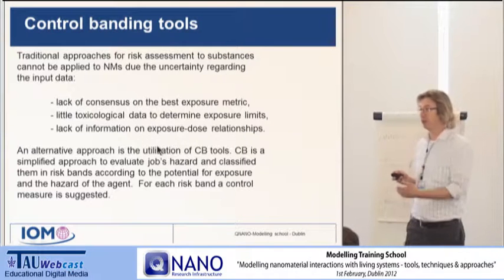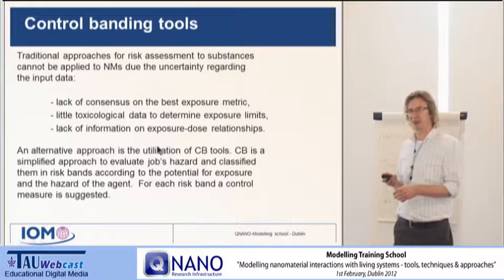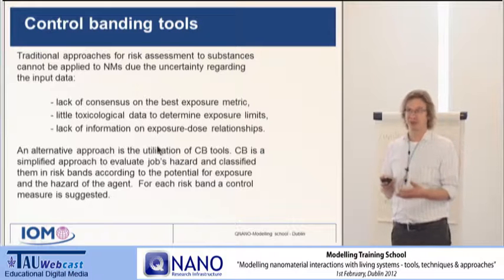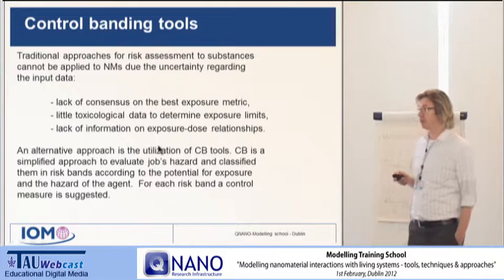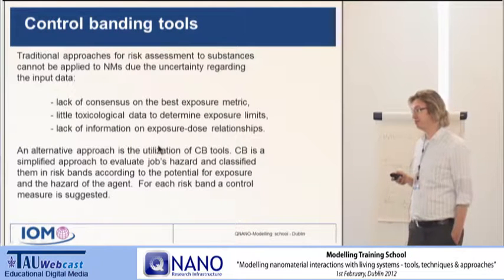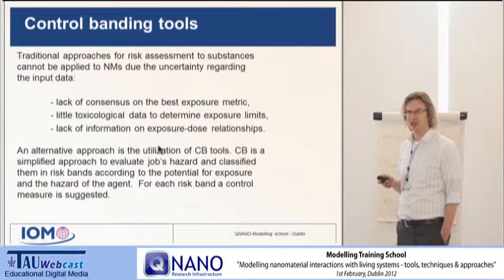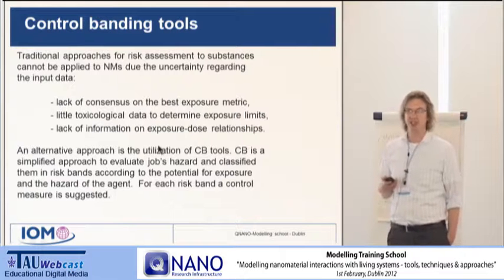So very simple models that are, some more or less based upon knowledge of exposure, but sometimes not, and will allow you to make some kind of decision. It's a tool to make some decision. It's a tool for practitioners. They're not research tools.